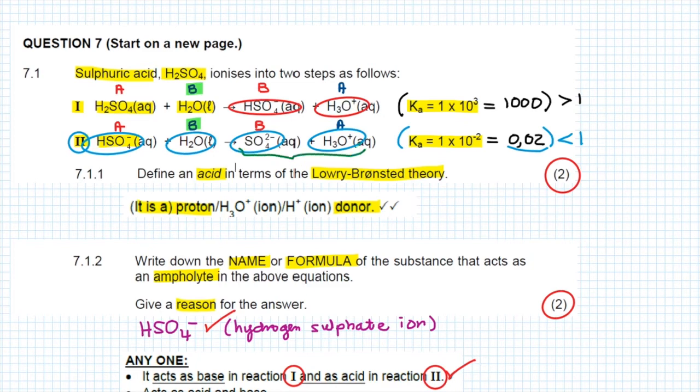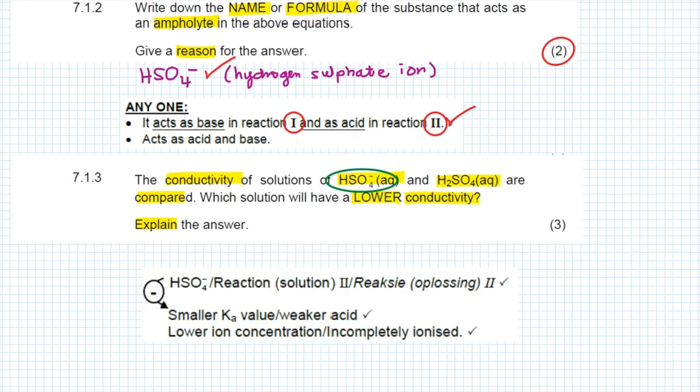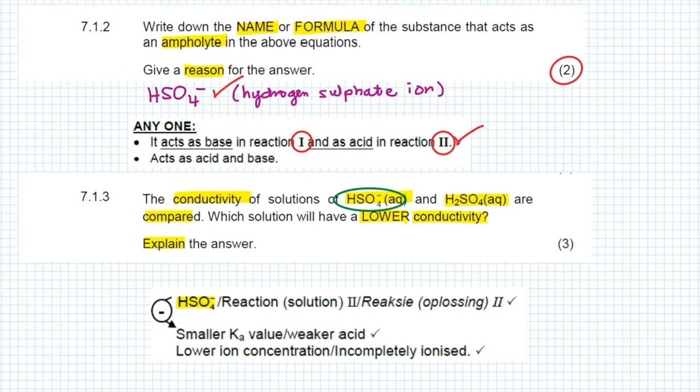So therefore, grade 12s, we know that the answer to question 7.1.3 is the hydrogen sulfate ions, or rather the hydrogen sulfate solution. So since this question is out of 3 marks, we know that we're going to get 1 mark for writing down the hydrogen sulfate ions. And the other 2 marks will be awarded for giving valid points, 2 valid points as explanation.